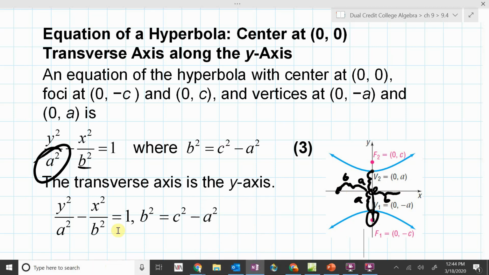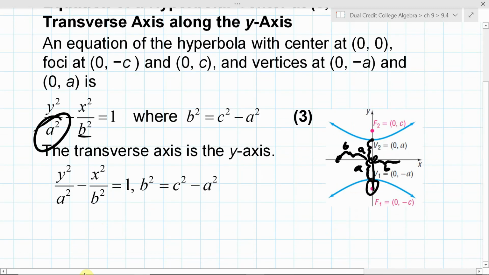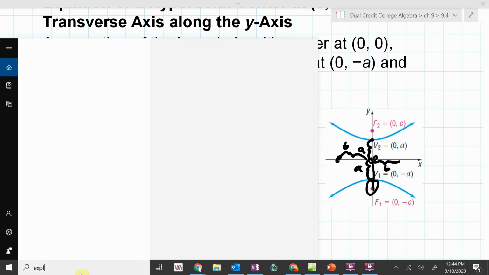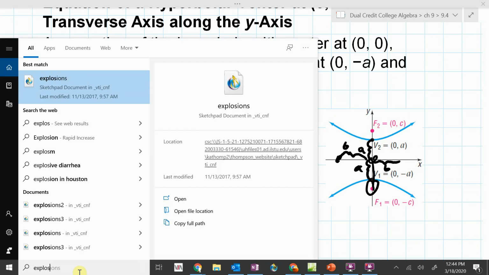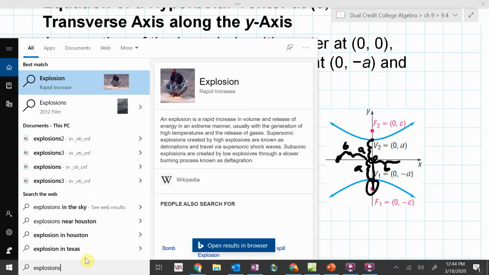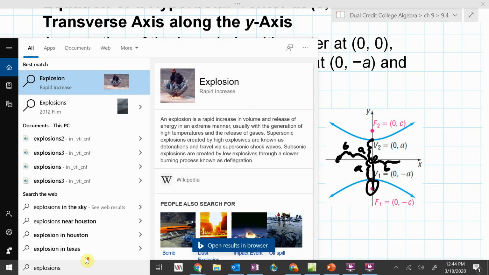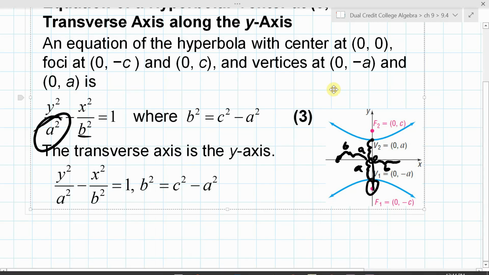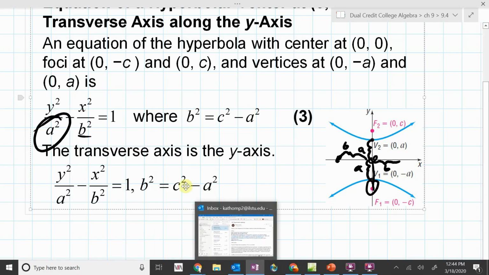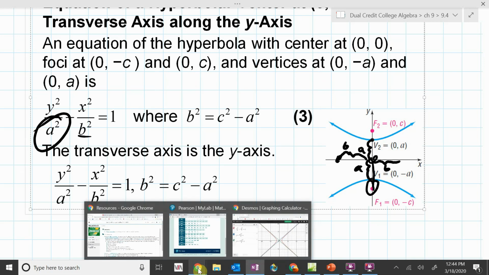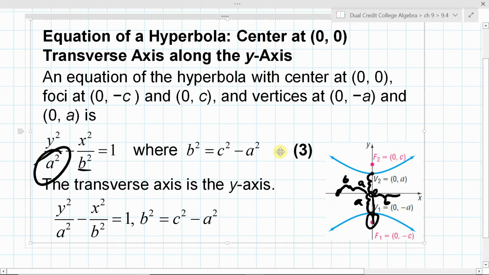So there's one last thing as we finish this lesson here, which I hope is giving you a little bit of the connections that you're needing for the hyperbola. So let me get a Sketchpad file open.